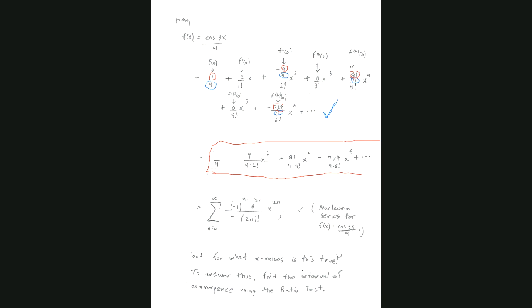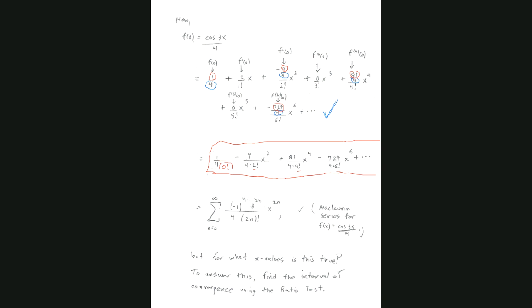So now notice here we have 2 factorial, 4 factorial, 6 factorial. So the 1 over 4 is just there, but we could insert a 0 factorial there if we wanted, because 0 factorial is equal to 1.